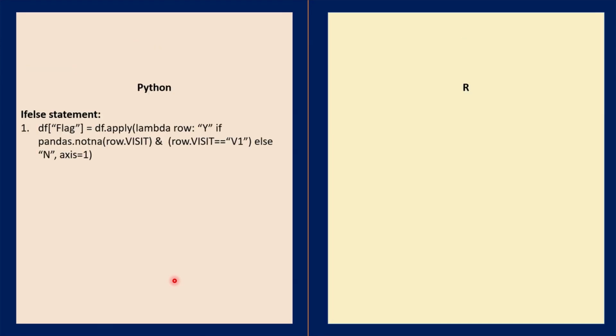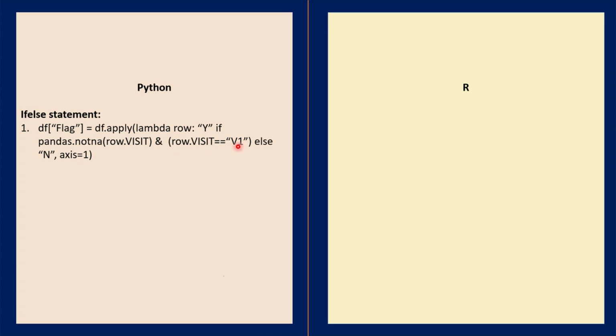So next, the if else statement, how simply you can write it. We have a method called the apply method, and we call the lambda function to iterate each row. And one more thing before I go on, I'll talk about axis 1. In Python we have index 0 which will list the rows. Axis equal to 1 tells you to iterate column wise. So now I call this a row, and now what I'm doing is making a visit flag.